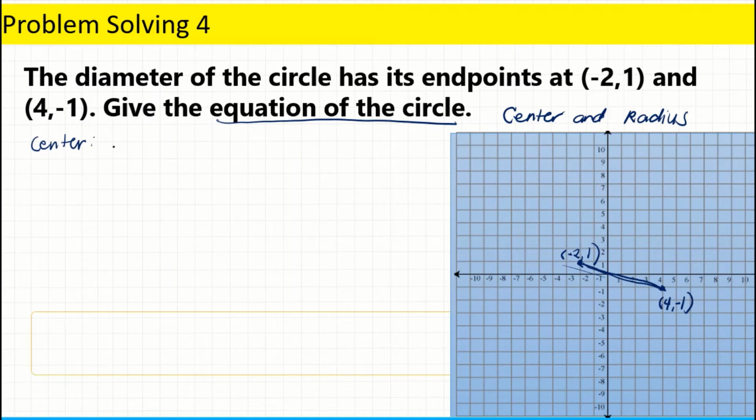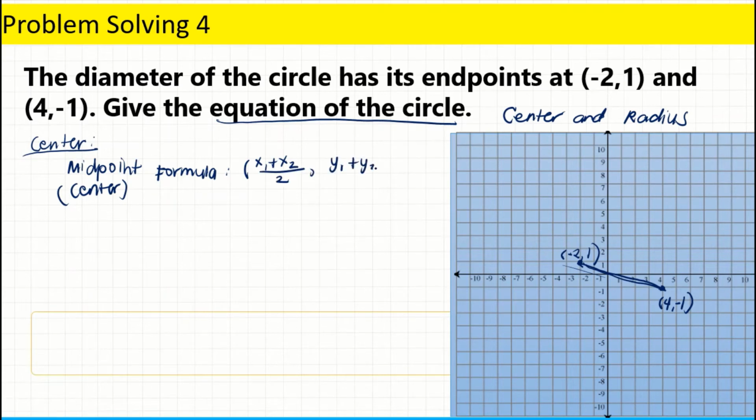So, yung midpoint formula, that will be our center. We have x sub 1 plus x sub 2 over 2 and y sub 1 plus y sub 2 over 2.